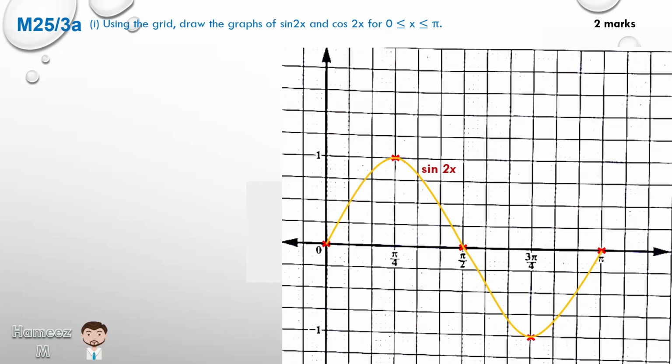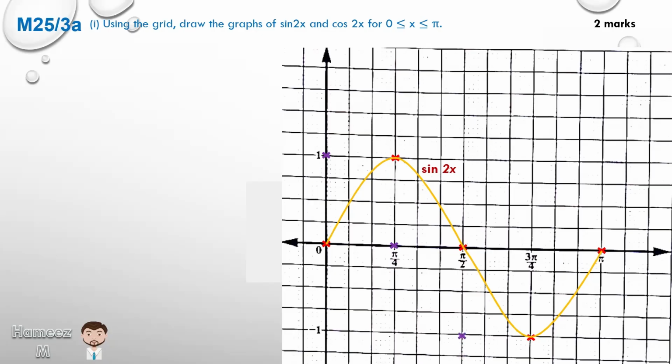Let's do the same for cos 2x. When x is 0, 2 times 0 is 0. So cos of 0 is 1. And when x is π/4, we multiply by 2, we get π/2, or 90 degrees. Cos of 90 is 0. When x is π/2, 2 times π/2 is π, or 180. Cos of 180 is negative 1.